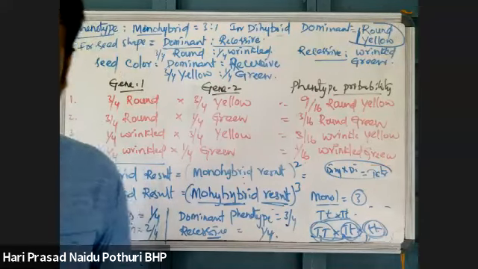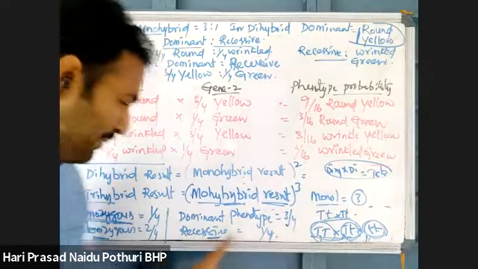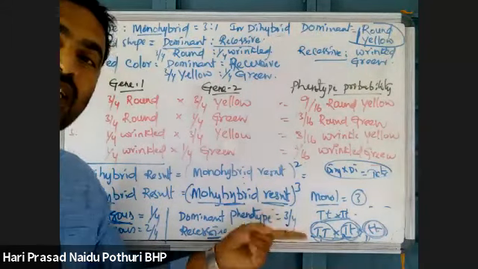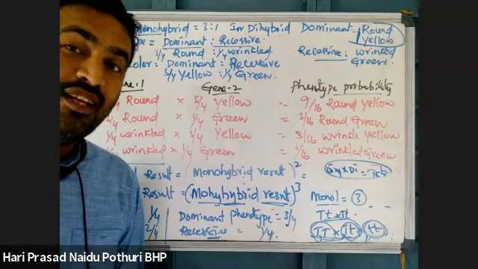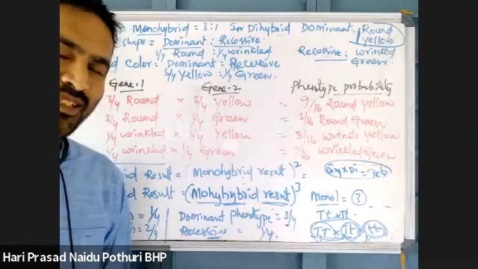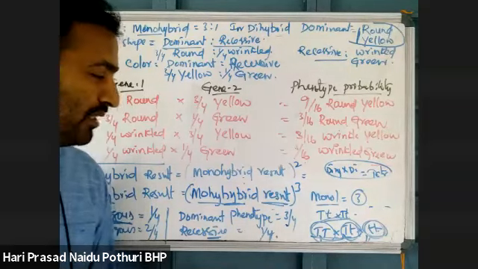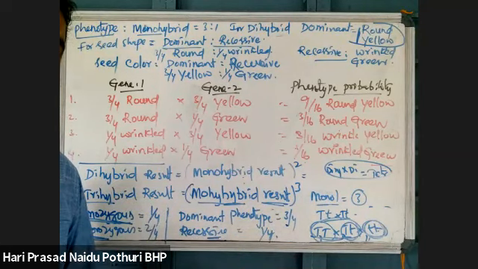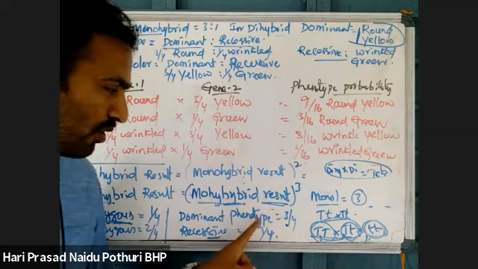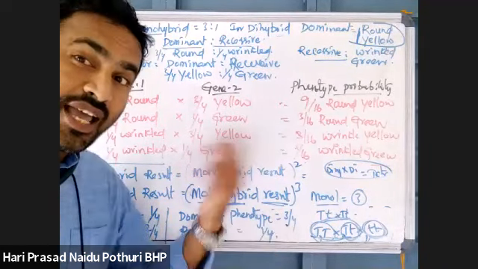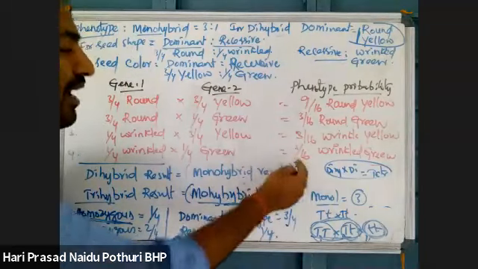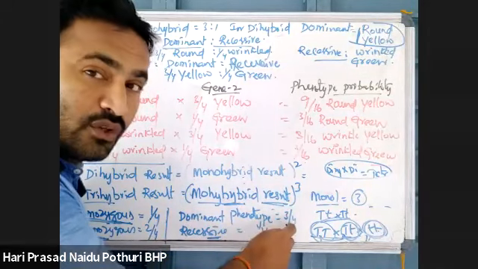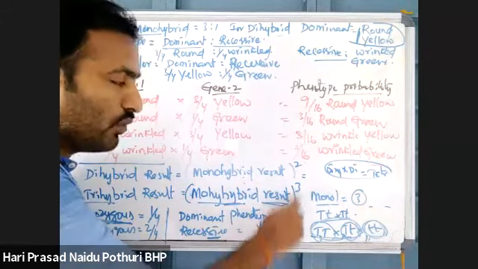What about the number of hybrids? Suppose this is monohybrid. Dihybrid means dominant phenotype 3 by 4 into 3 by 4, so 9 double dominant will come. Trihybrid means 3 into 3 into 3, 27 triple dominant. For monohybrid 3 by 4; dihybrid is monohybrid square; trihybrid is 3 by 4 cube.